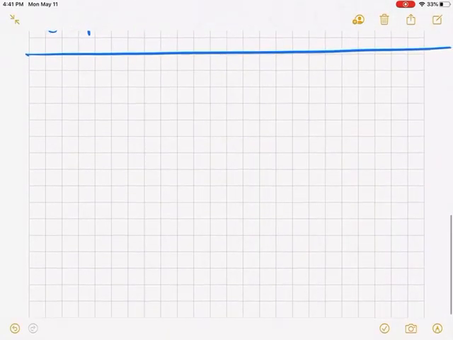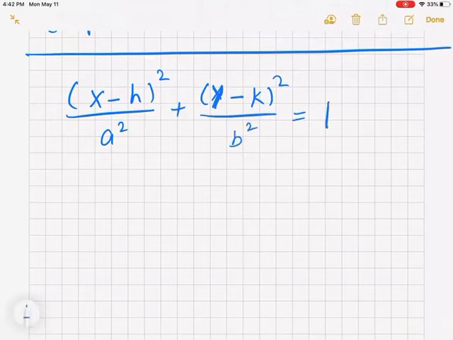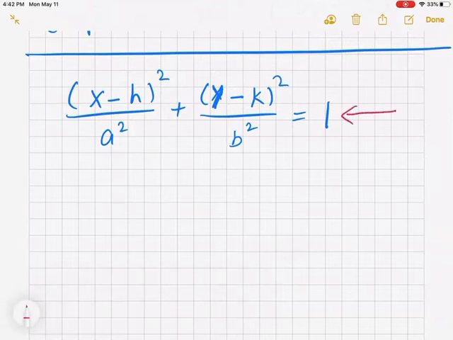Anyways, this is how the normal ellipse equation looks like, right? This is y, this is minus k squared over b squared. Let's try understanding this equation. Okay, on the right side, what I see, it's always 1.